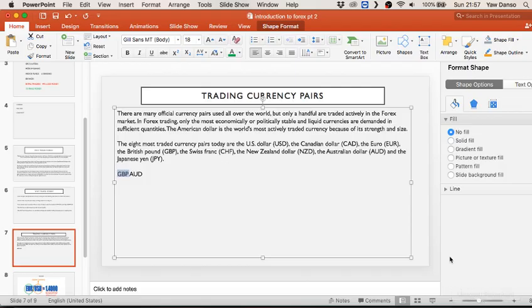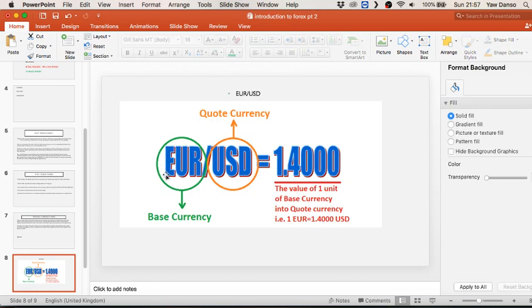All right. Okay. So this is the British pound, Australian dollar. The British pound is the first currency in this case, and the Australian dollar is the quote currency.